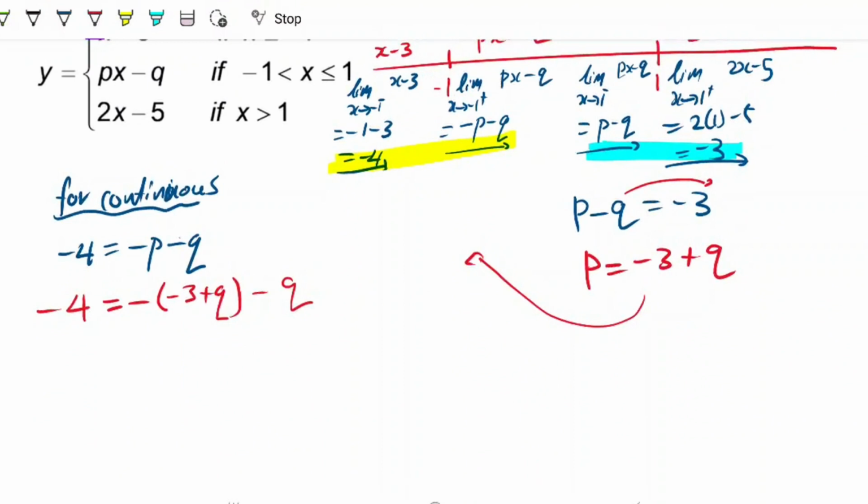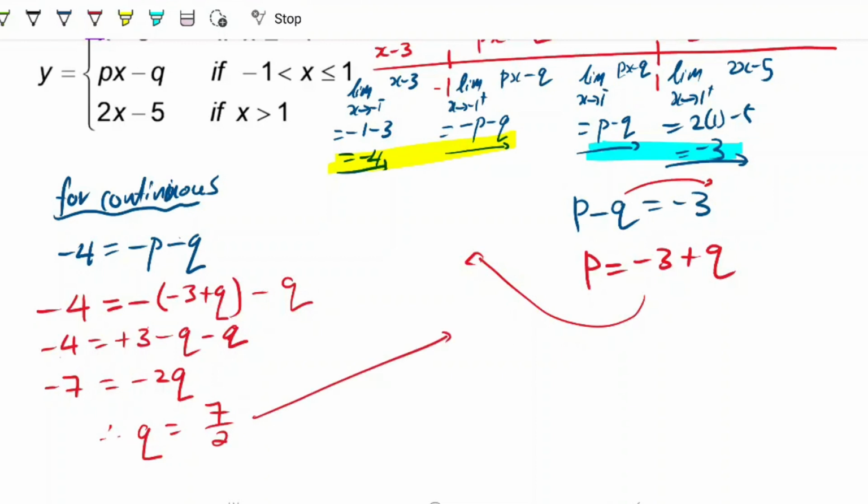When we're in this particular situation, we can distribute the negative in. That becomes +3 minus q minus q. From here, we are able to take the 3 across, giving us -7. Therefore, this gives us -2q, and from here, we are able to get that q equals 7/2.